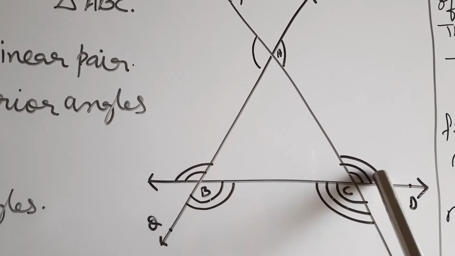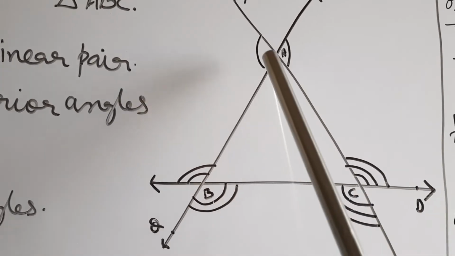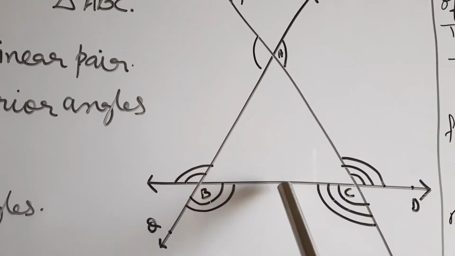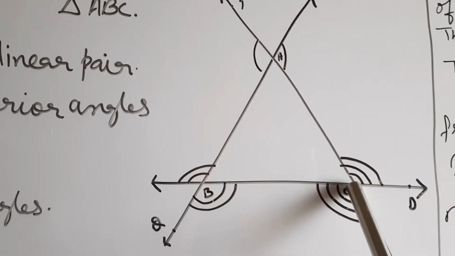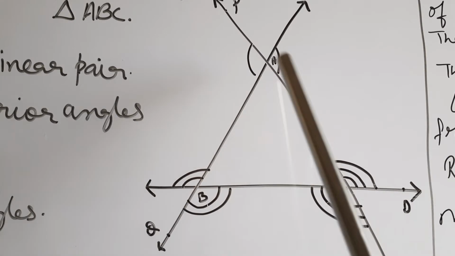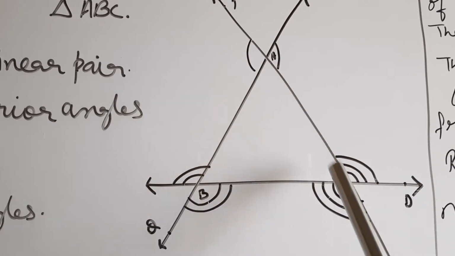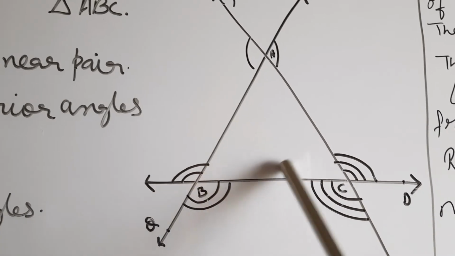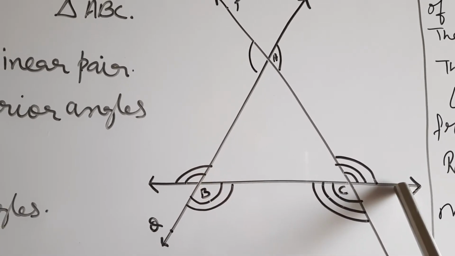Angle C and this side again angle C with angle ACD, and here it is angle ACB. So they are on the same straight line and therefore they are forming linear pair of angles. So angle ACB and angle ACD together they are giving you 180 degree. Therefore they are linear pair of angles.